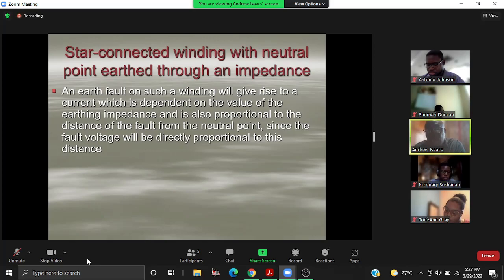And we have already said that. It's also impacted by the distance from the neutral. So the further away we go from the neutral, it means that we are tapping off more of the winding, so you get a larger voltage, and by extension, a larger current.